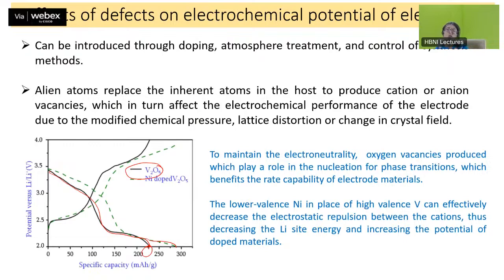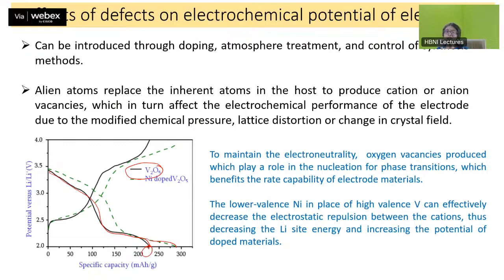So what is happening? When you put in nickel, which has a lower valence compared to vanadium, to maintain the electroneutrality, oxygen vacancies are produced, and this plays a role in the nucleation for phase transitions, which benefits the rate capability of this electrode material. The lower valence of the nickel in place of the high valence vanadium can effectively decrease the electrostatic repulsion between the cations, and thus it will decrease the lithium site energy, as I mentioned before.